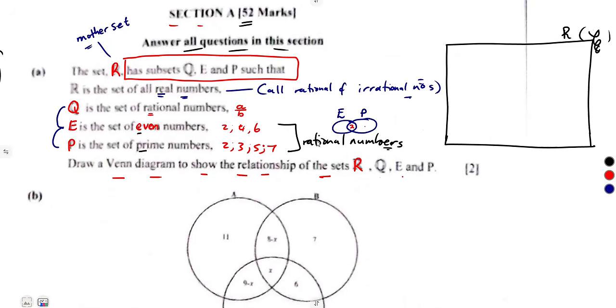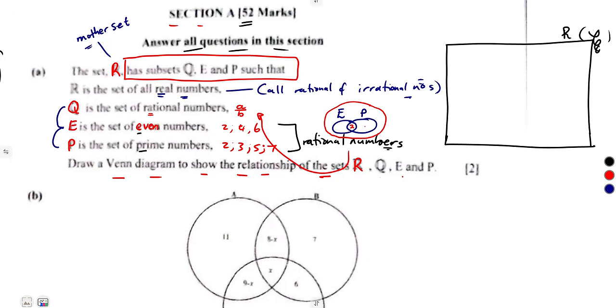But we said these two, E and P, are rational numbers. So meaning to say E and P is found in Q as a subset. So we are going to have the set Q covering these two sets because they consist of rational numbers.